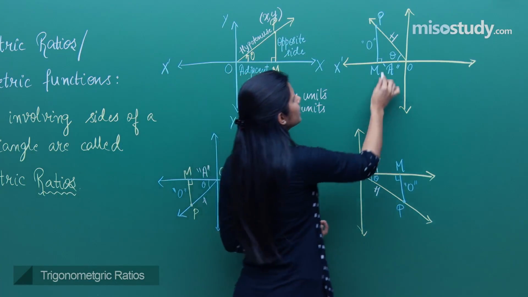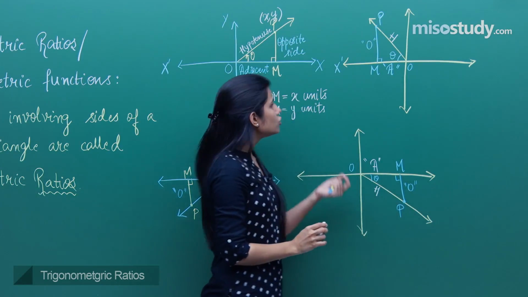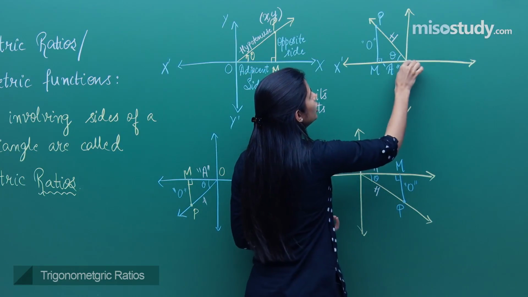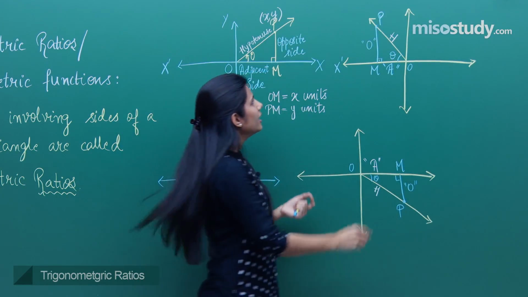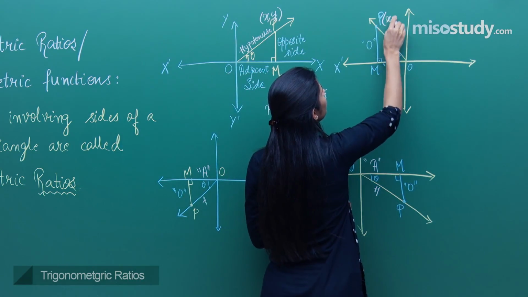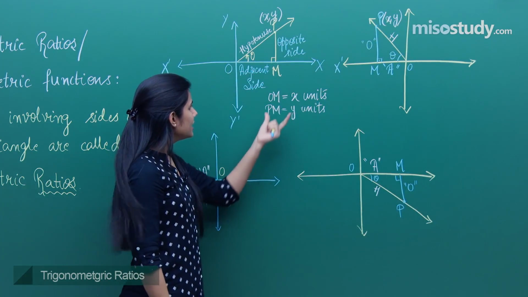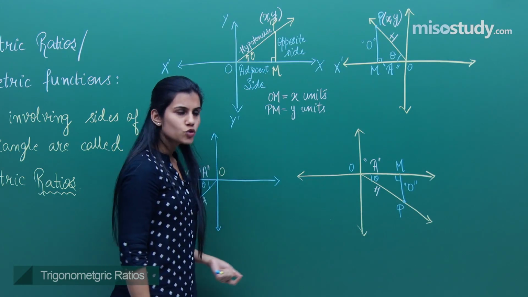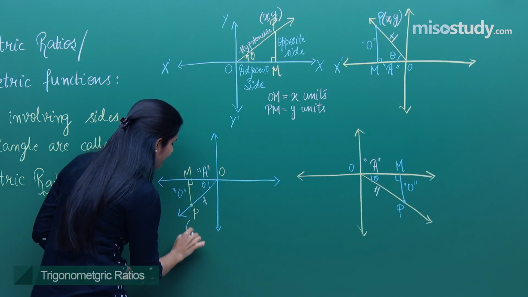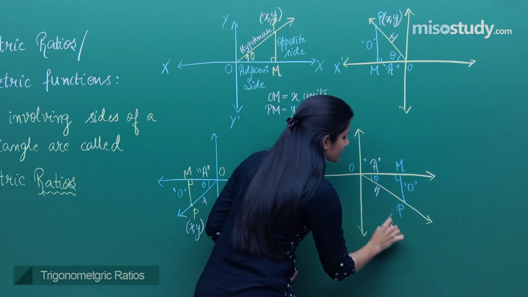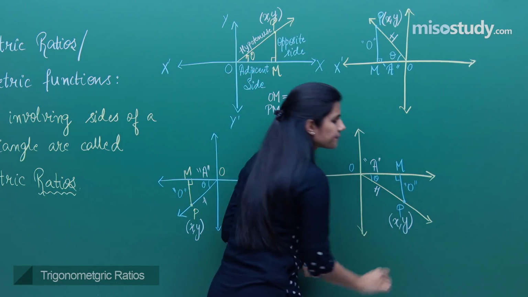Similarly, over here, if you take OM to be x units and PM to be y units, again this point becomes this coordinate pair. Follow the same thing in these two cases also, and you have P being the ordered pair x, y.